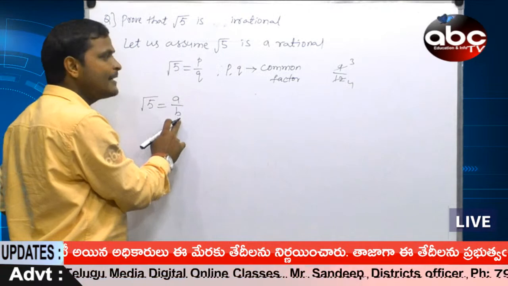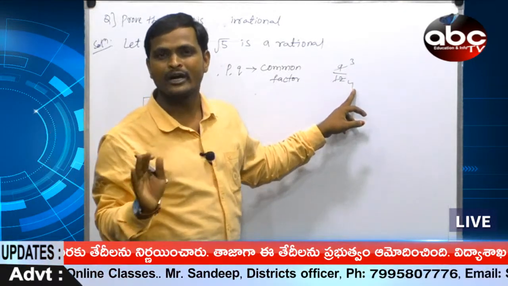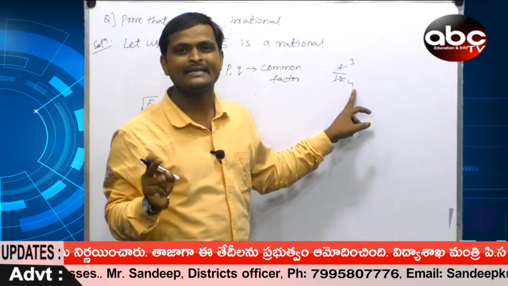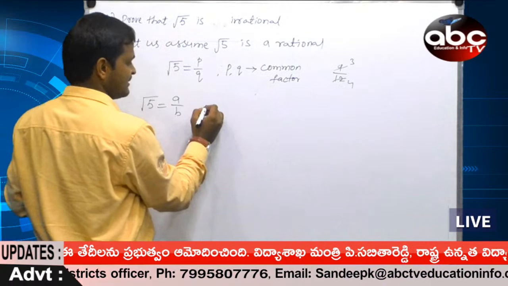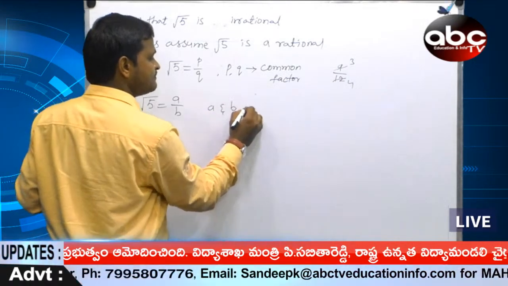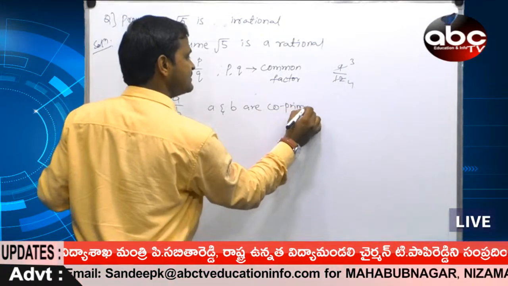Then do 3 and 4 have any common factor? No common factor. That means a and b are co-primes. Very simple. Is it clear, students?